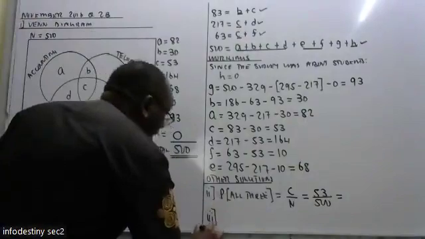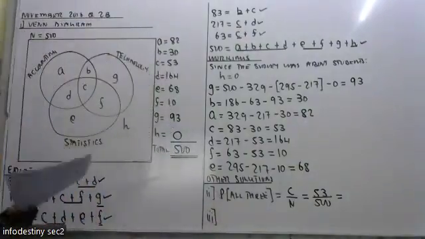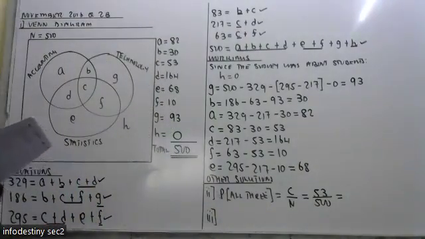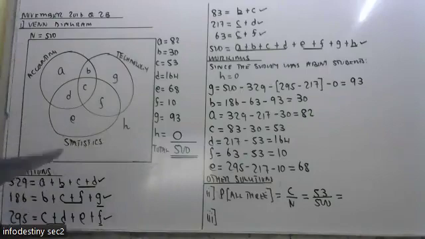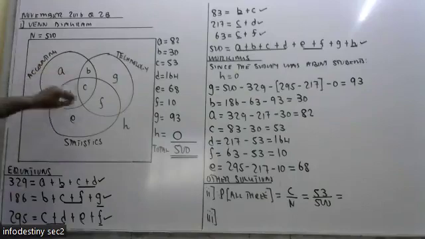And then finally, Roman 3. We are told the probability that a student is enrolled for accounting or statistics, but not in technology. So those who are in accounting or statistics, but not in technology. So that must be ABE.